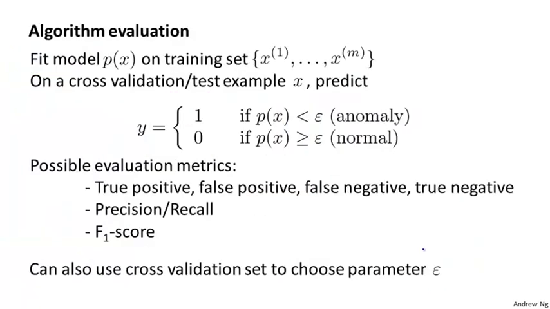Given the training, cross-validation, and test sets, here's how you develop and evaluate an algorithm. First, we take the training set and fit the model P of x, so we fit all those Gaussians to my m unlabeled examples of aircraft engines. I'm calling them unlabeled examples, but these are really examples that we're assuming are good, or normal, aircraft engines. Then imagine that your anomaly detection algorithm is actually making predictions.